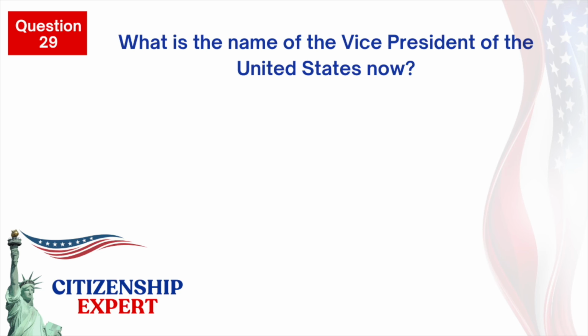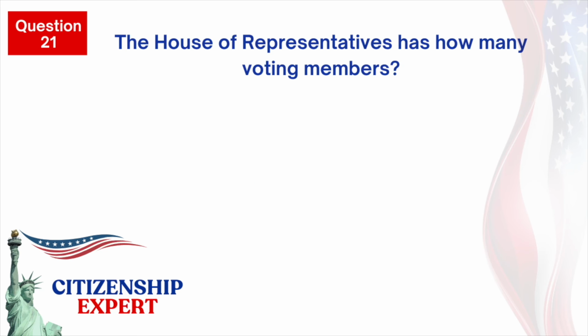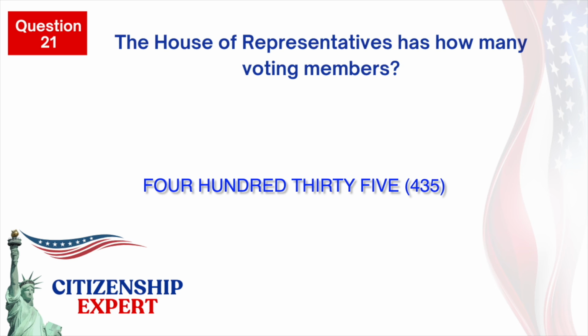What is the name of the Vice President of the United States now? J.D. Vance. The House of Representatives has how many voting members? 435.